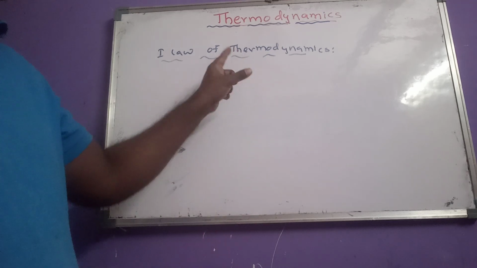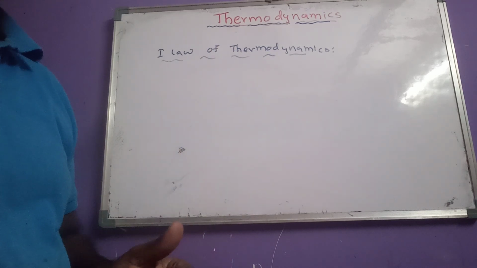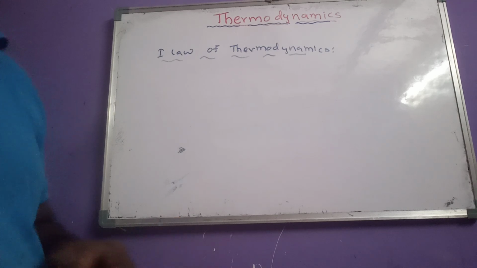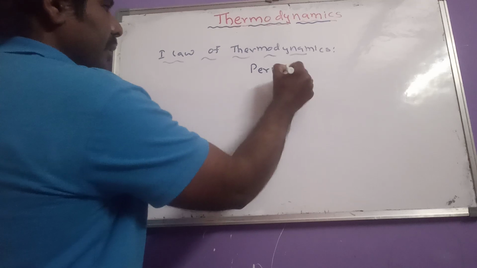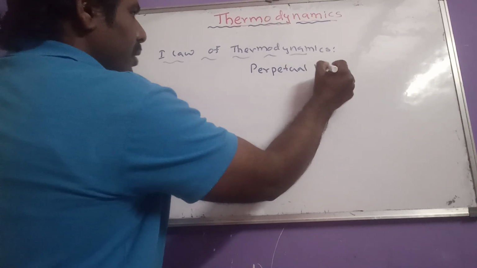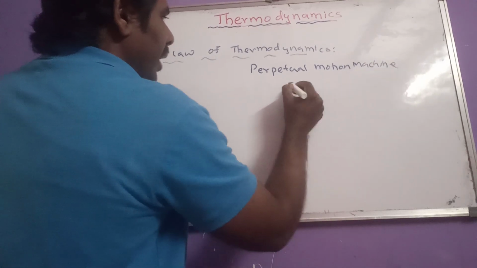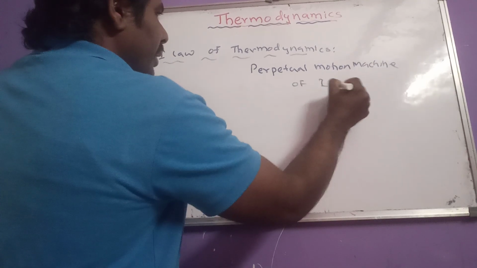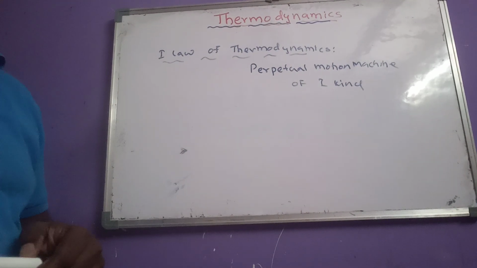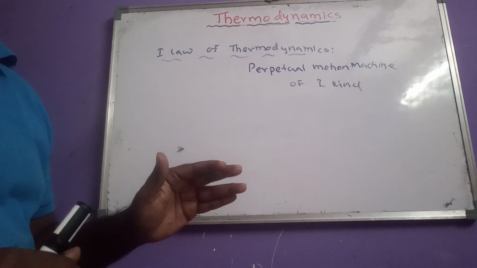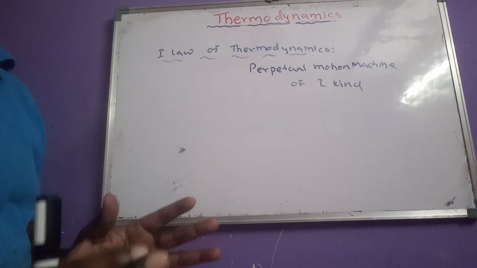And according to the first law of thermodynamics, it is impossible to construct a perpetual motion machine of the first kind. What is that? A perpetual motion machine of the first kind is not able to be prepared. What is this machine? This machine will do work without consumption of any energy.